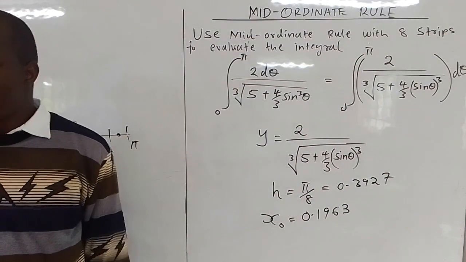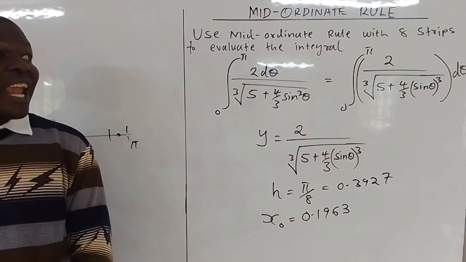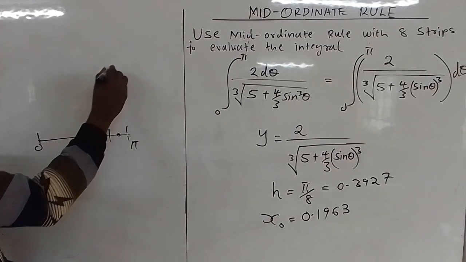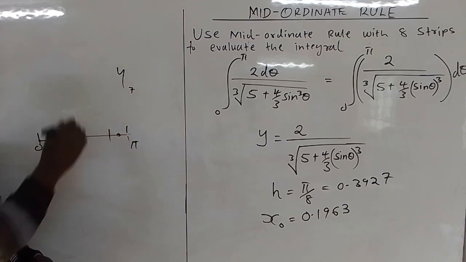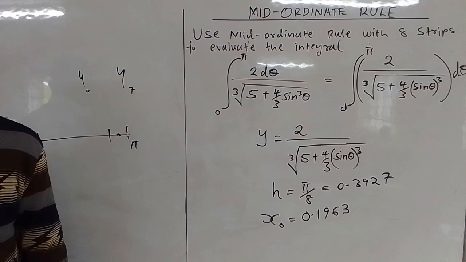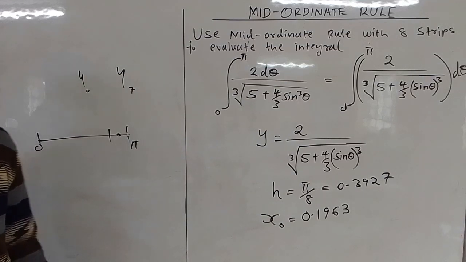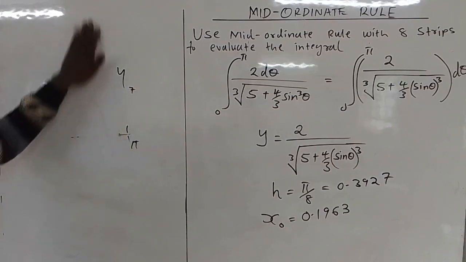So the last ordinate is going to be y7, because you are starting with y0. You don't need to master that. It will come out by itself when you form a table.